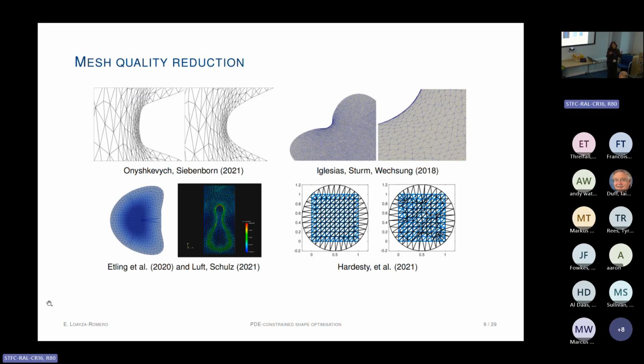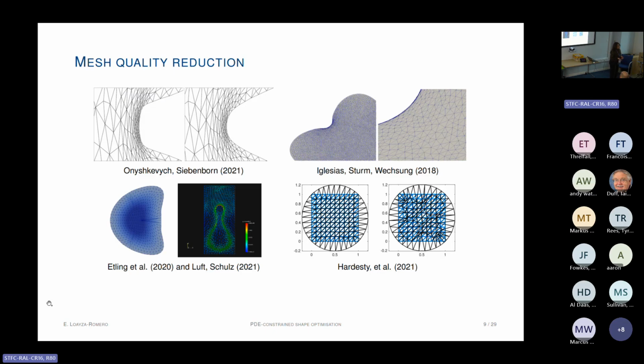And the problem with this is that how good our solutions of a PDE using finite elements are highly depends on the quality of my meshes. If my meshes are bad, they have bad quality, they have squeezed triangles, the solution of my PDE may not be the best one, and of course then the value of my objective function may not be the most accurate one. Whatever value you get there, you cannot trust it.